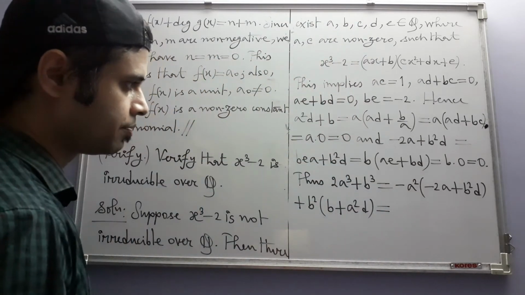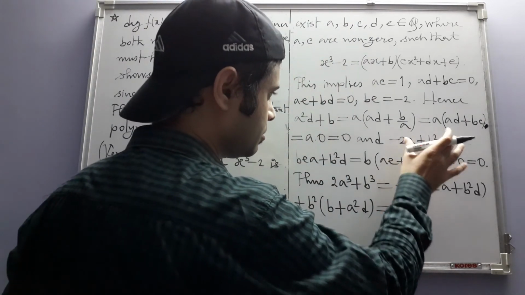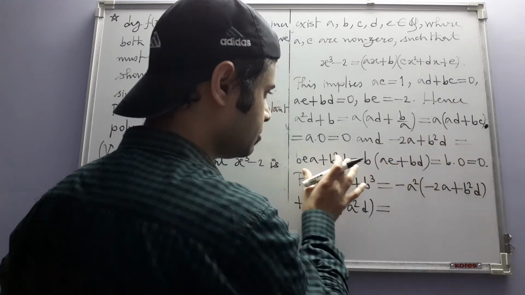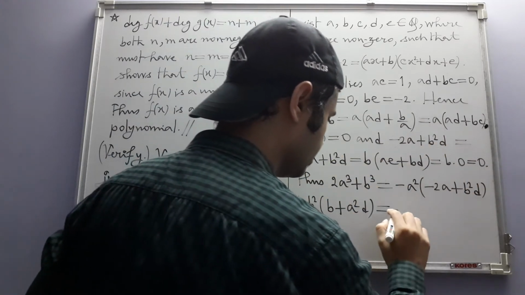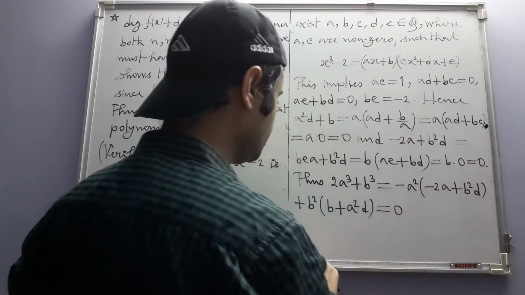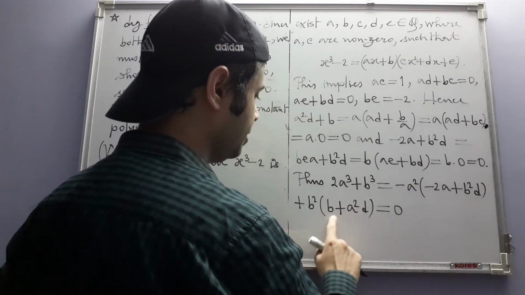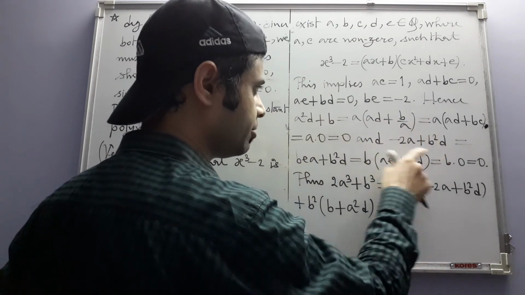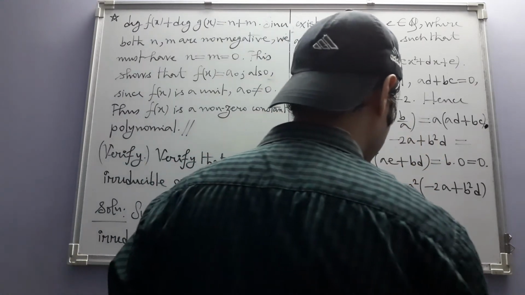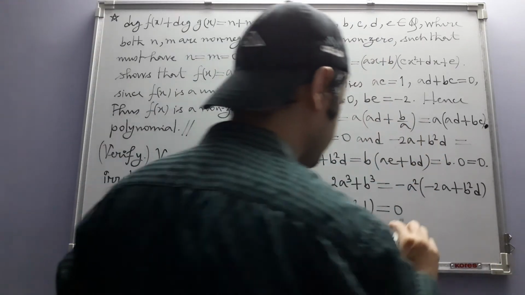Okay, now this thing is equal to 0, we have that, and B square, B plus A square D is also equal to 0. So that means this is equal to 0.